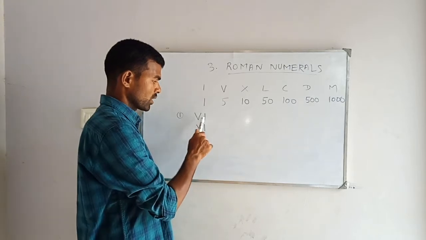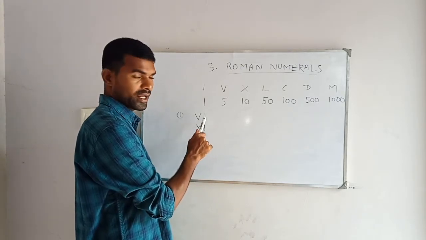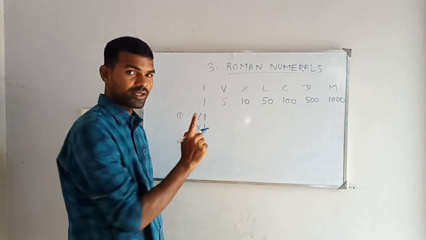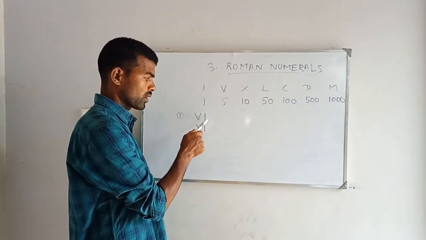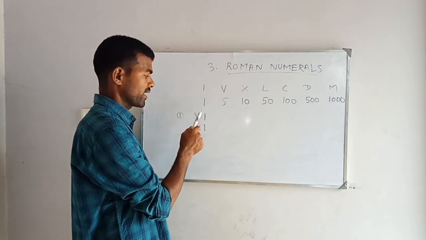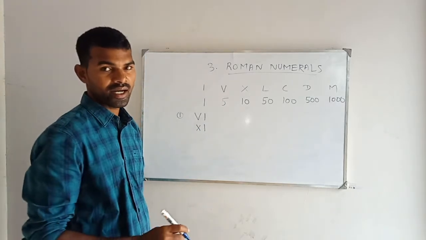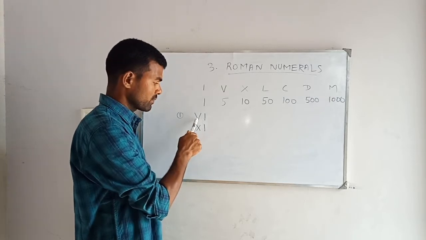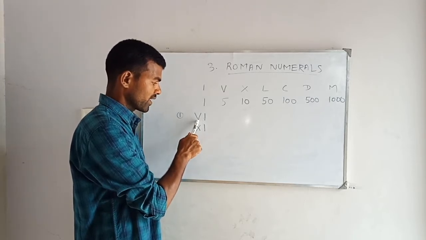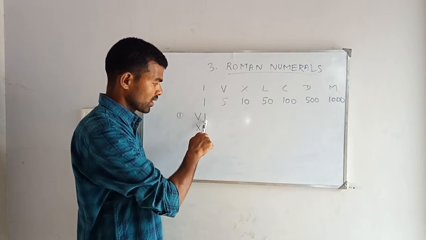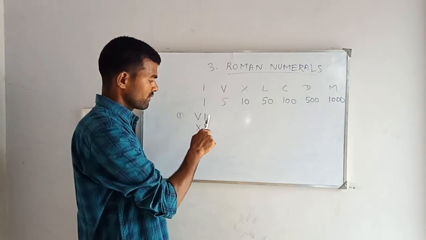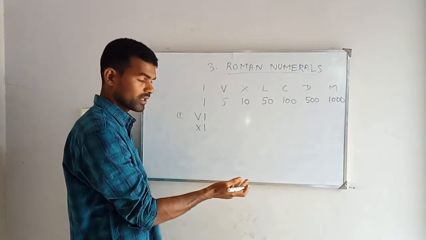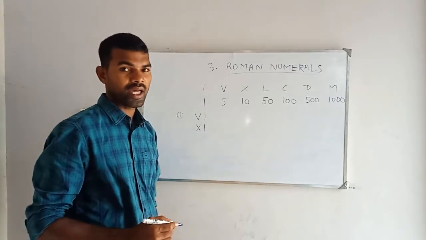You know these two numerals, V and I. V value is 5 and I value is 1. When we write the smaller numeral on the right side of the bigger numeral, V is 5 and on the right side I is there. So when you write a smaller numeral on the right side, what do you have to do? You have to do the addition.